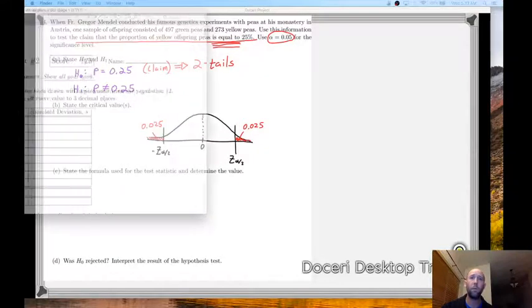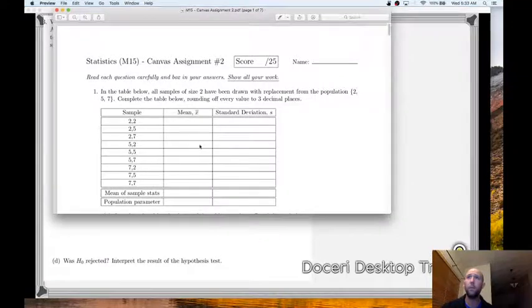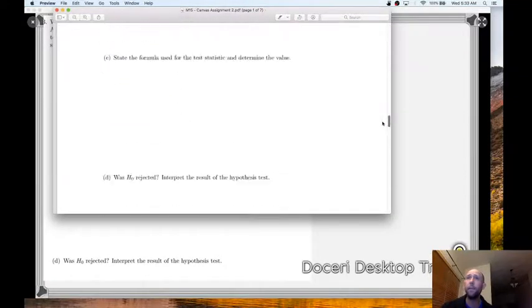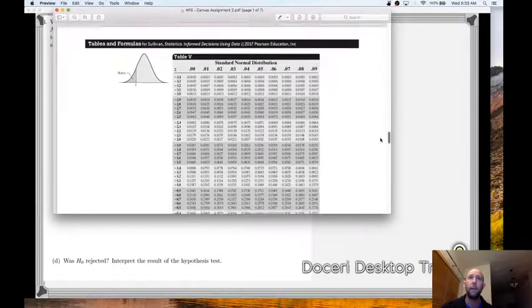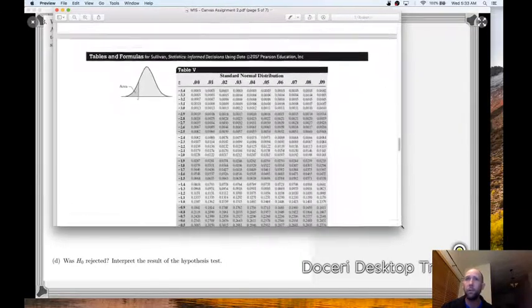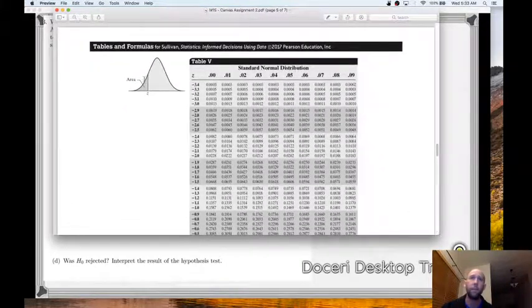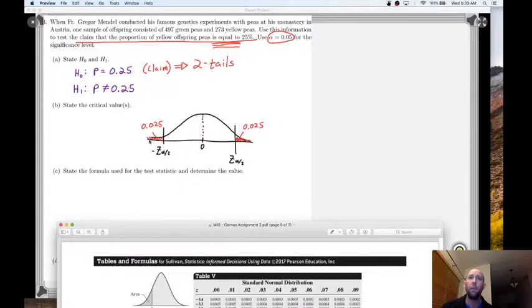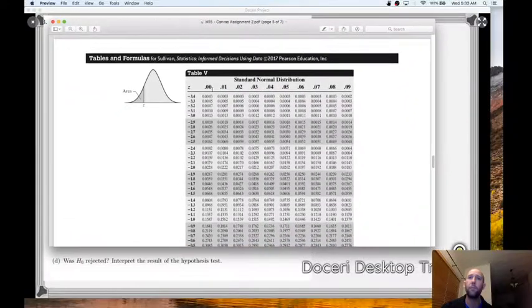If we want, we can use the z distribution located at the end of the packet here. This z distribution will tell us a z-score value and its area to the left under the distribution. So we want to scan this sea of numbers, looking for which z-score has an area to its left of 0.025.